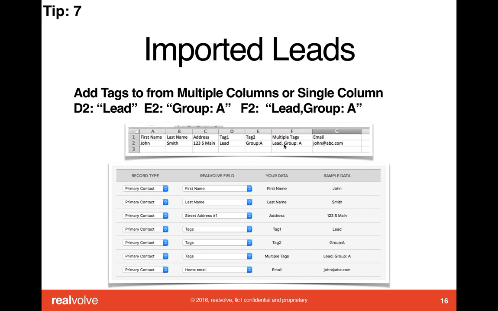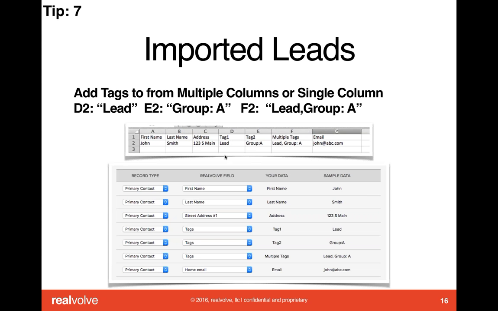So as you're importing your leads, make sure that you tag them accordingly. Make sure that you can find them and search them, but realize that you can tag them multiple ways while you're doing that importing.